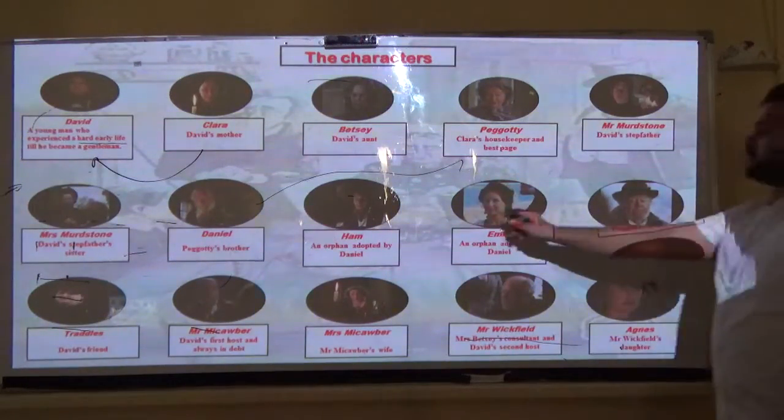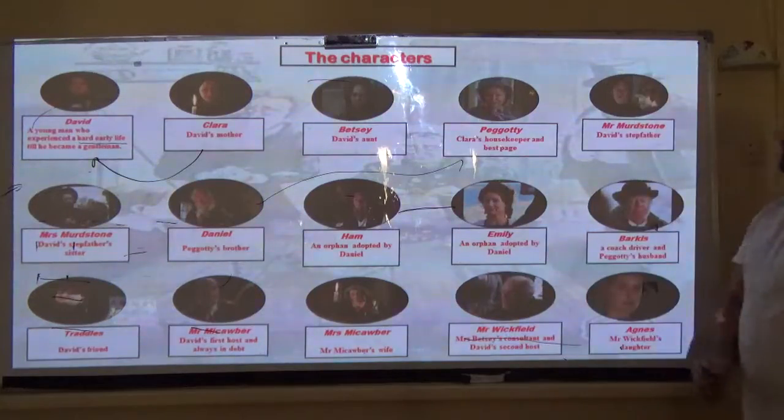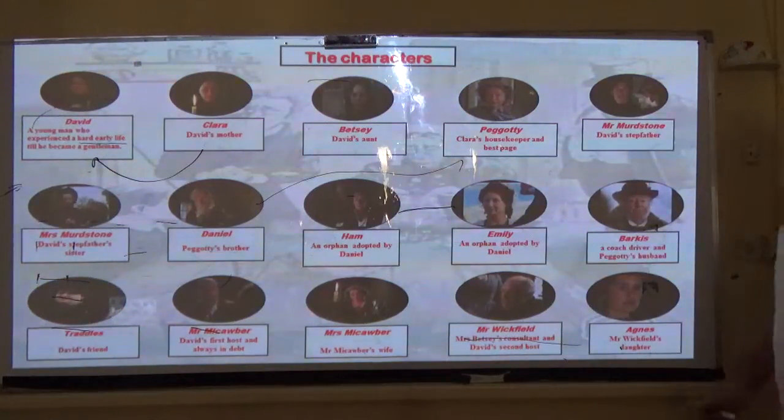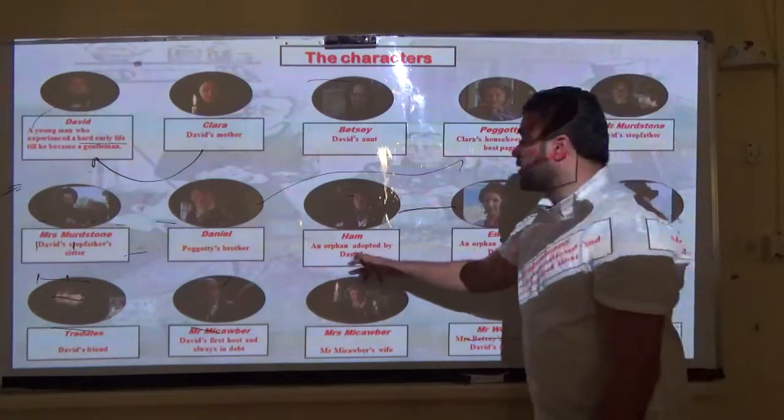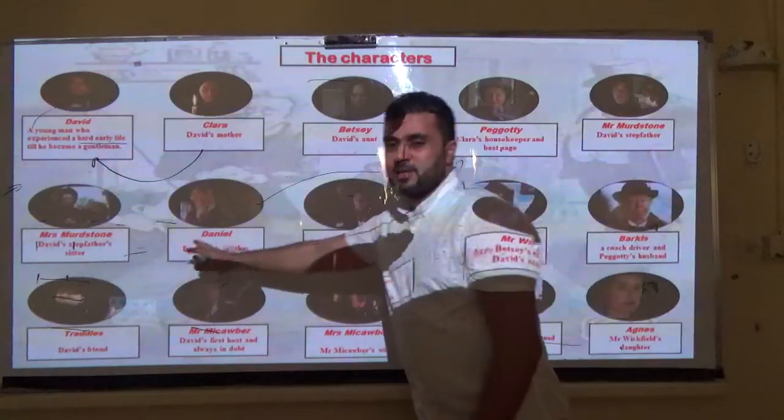Next, Ham and Emily. They are the two orphans who were adopted by Daniel Peggotty.